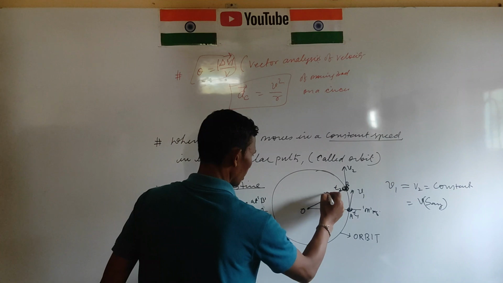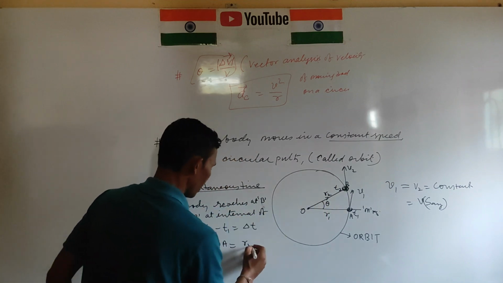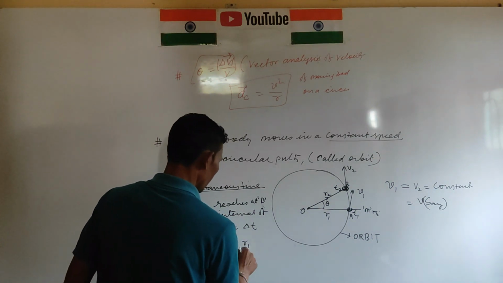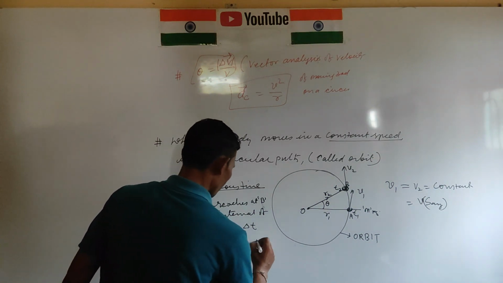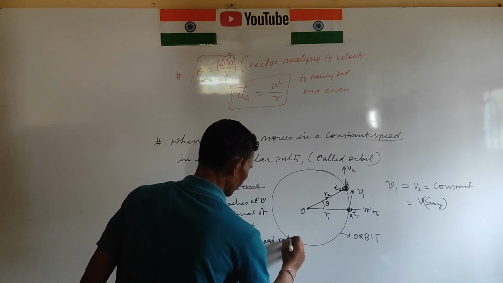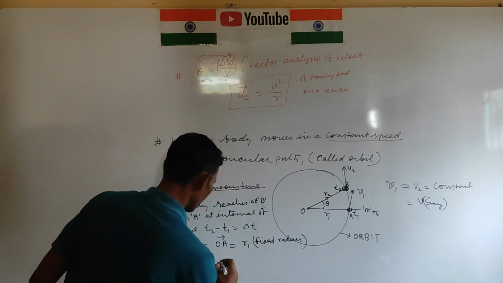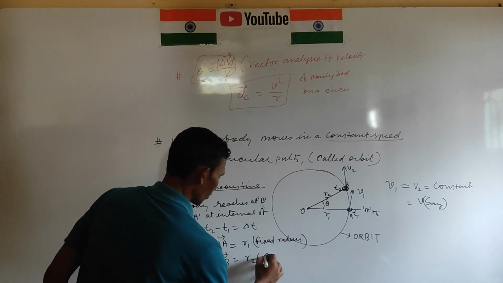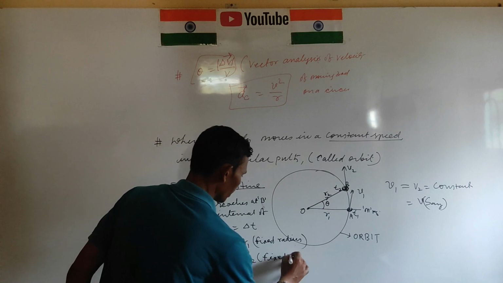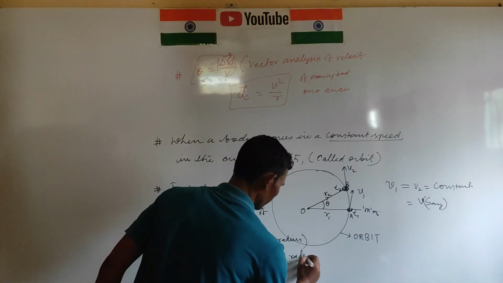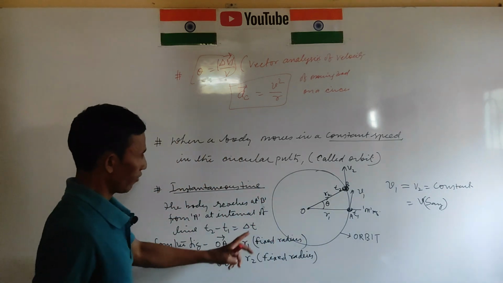R1 and R2 are equal to each other. OA equal to R1, this is the fixed radius. OB, that is called R2. This is also the fixed radius.